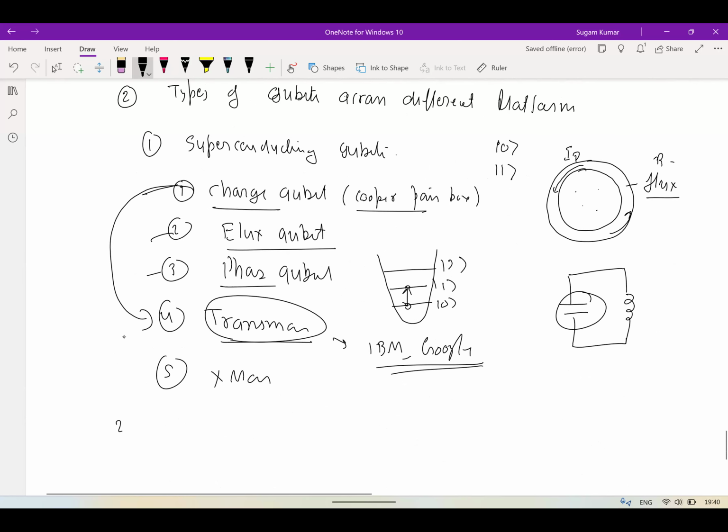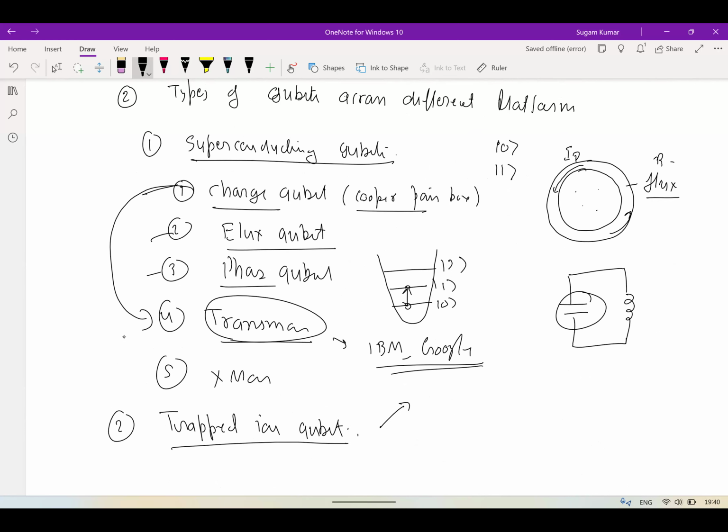Similarly, there is a second platform after superconducting qubits. Another qubit platform is called trapped ion qubit. There are two types of ion trap: one is called a Paul trap, and the other is called a Penning trap.